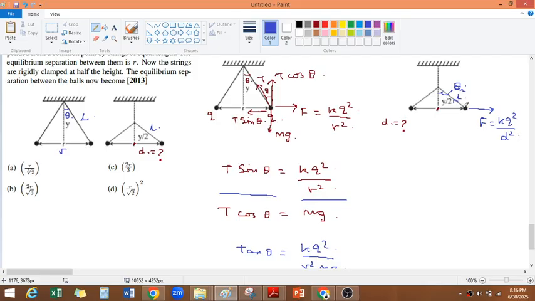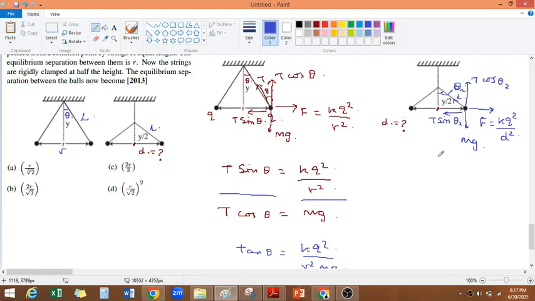So T sin theta, mg will be acting downwards. T cos theta will be acting upwards. So I'm going to write theta 2. I'm going to call it T cos theta 2, because this theta 2 is different. This I'm going to call it as T sin theta 2.